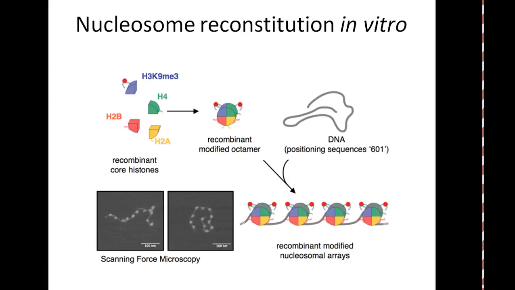And I said that this process is quite fascinating because it can happen spontaneously. You can actually do it in the test tube. You can express and purify recombinant histone proteins, take a piece of naked DNA, and put them together in the test tube, and you don't need anything else, no enzymes, no ATP energy.